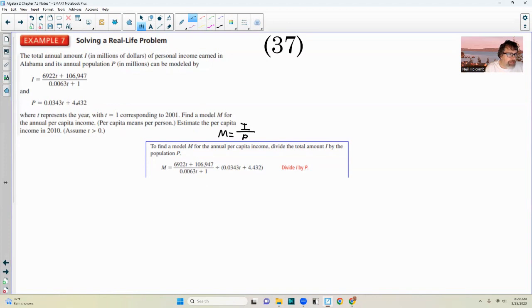This divided by this. Okay, so it's just like what we've been doing. What we're going to end up doing is switching this division symbol to multiplication and putting 1 over this.